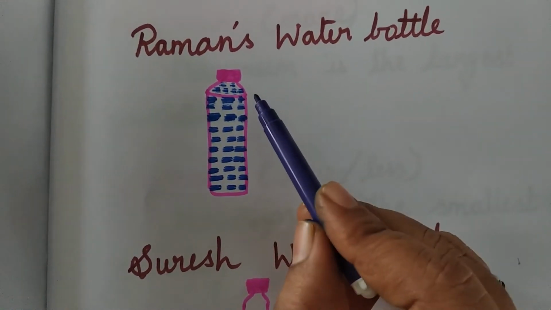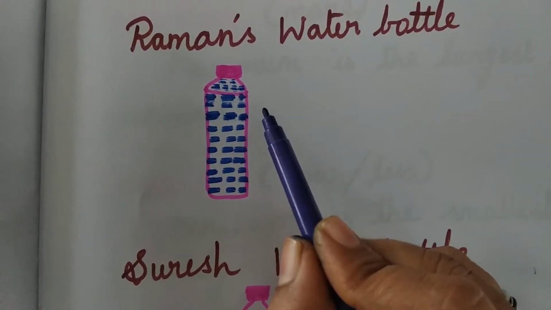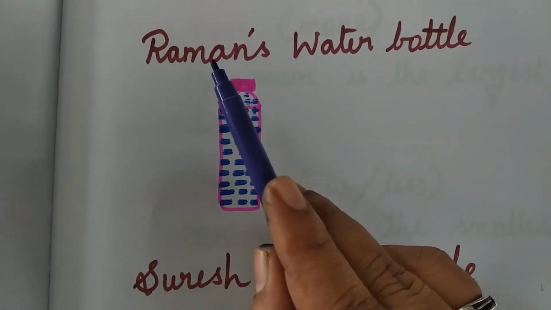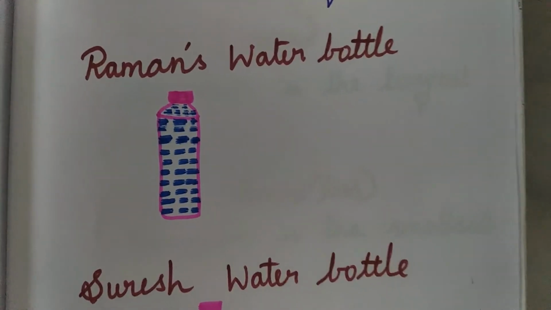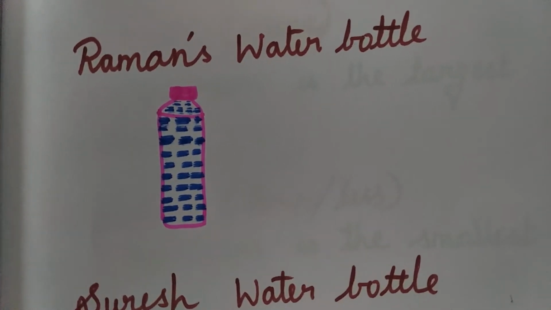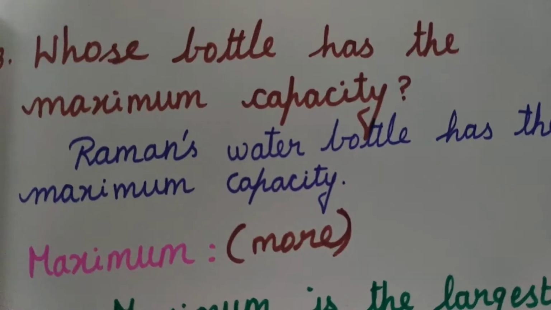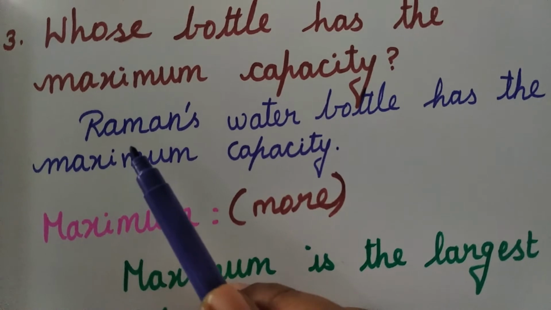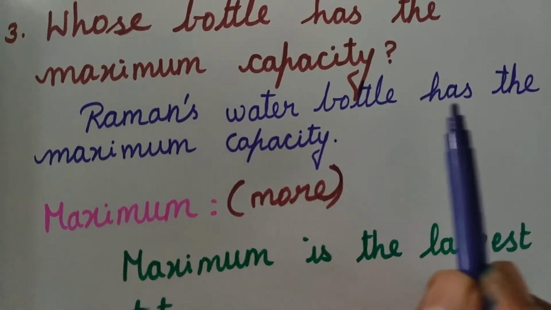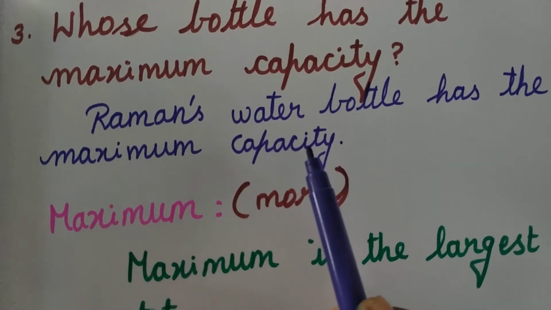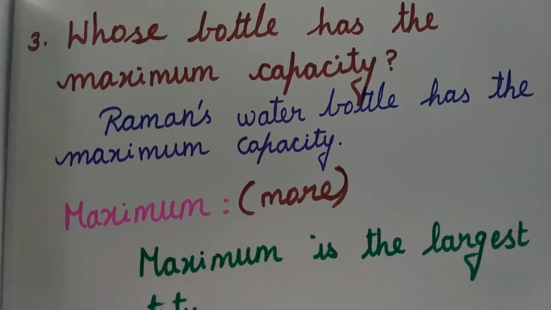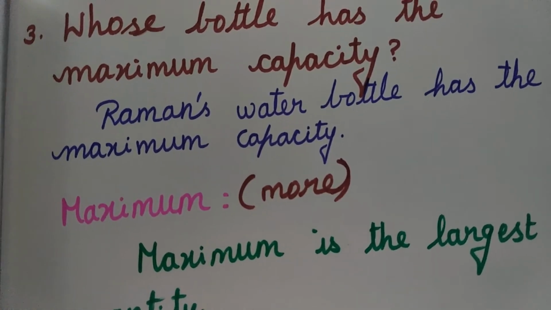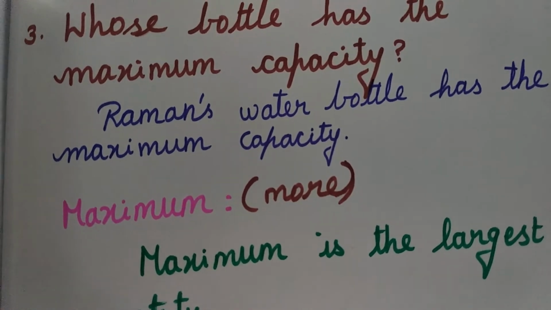So who has the maximum capacity? Yes, Raman's water bottle has the maximum capacity. You want to write here: Raman's water bottle has the maximum capacity. So maximum is another word for more quantity.